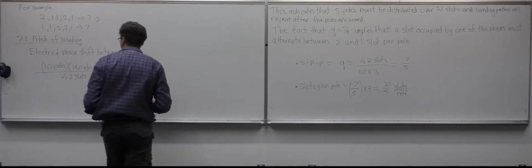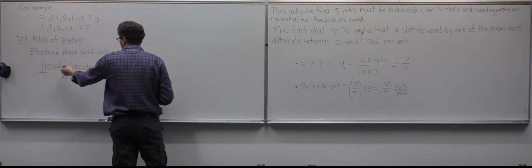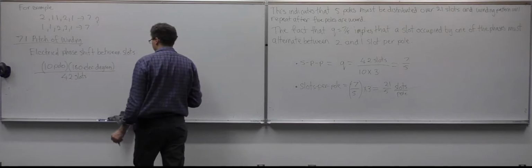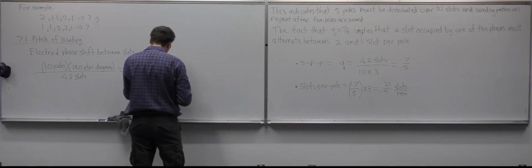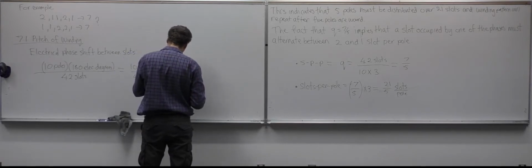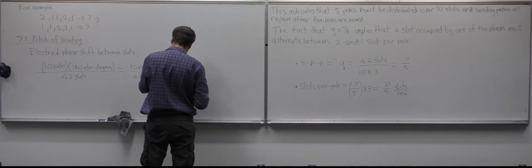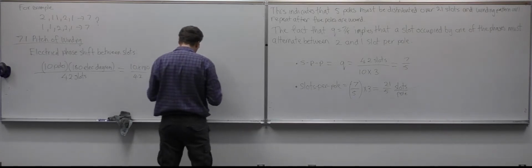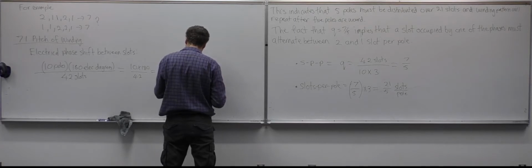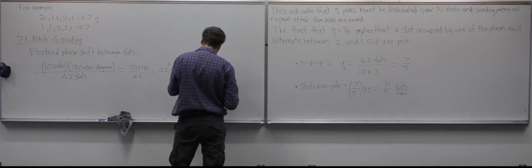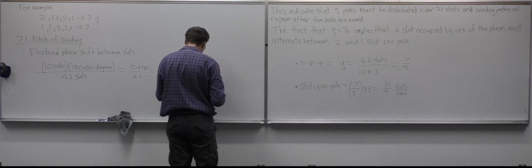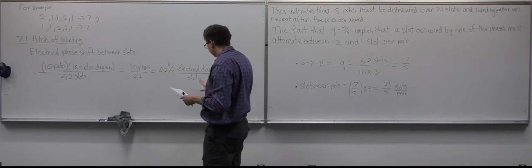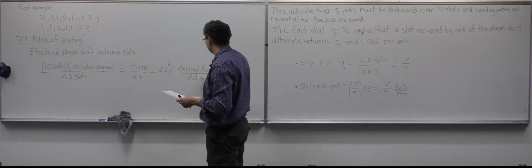So we have 10 times 180 divided by 42. That gives 42 and 6/7 electrical degrees per slot.